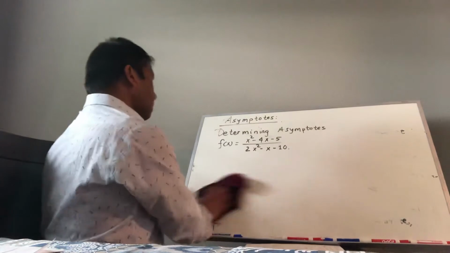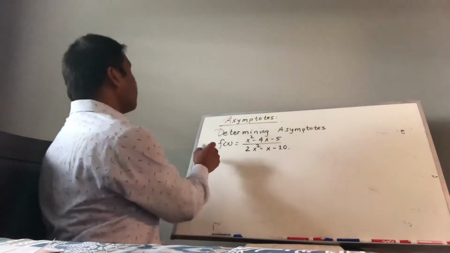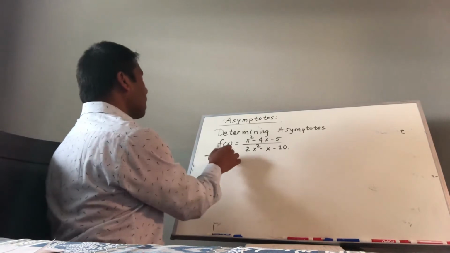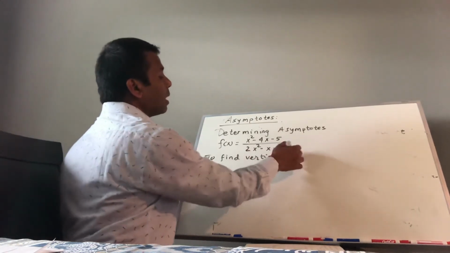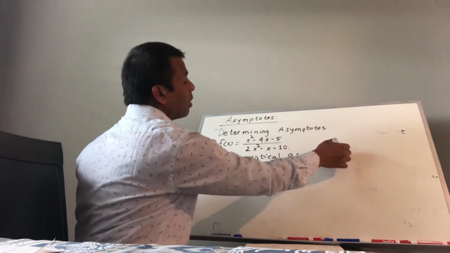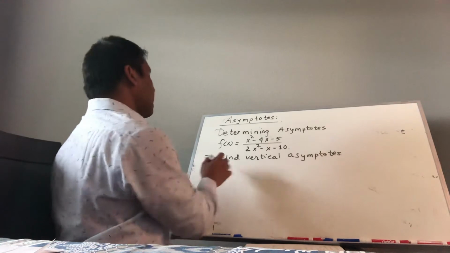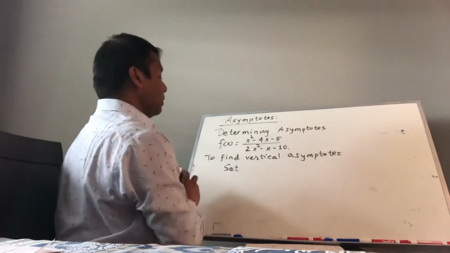So if you want to find the vertical asymptotes, we simply set the denominator equal to 0.